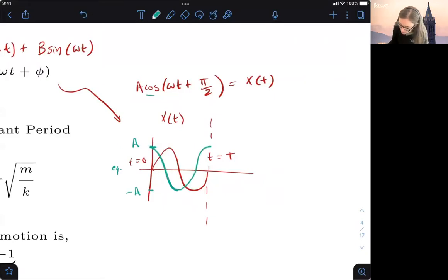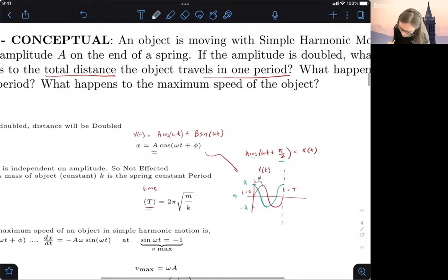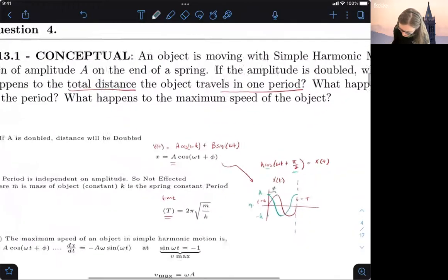If I have this pi over 2, that means I am shifting my graph. This is the phi, the phase shift, and that's where we see that shift of pi over 2. So that's just understanding what's happening here.